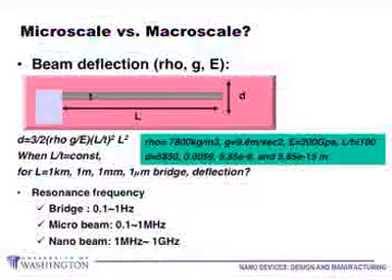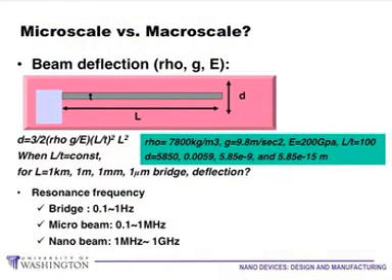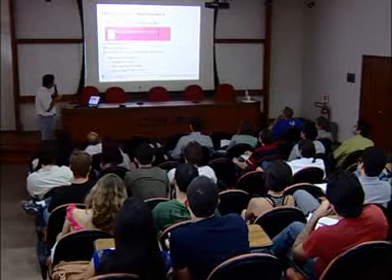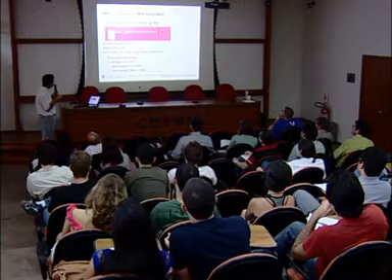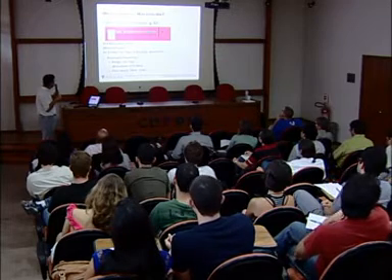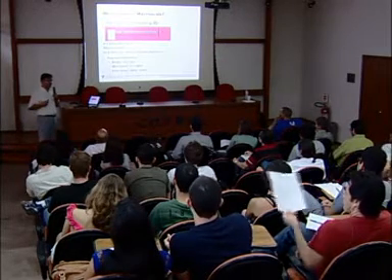Then let's see what the difference is at small scales. If you see this cantilever over there, okay, this cantilever has a thickness of T, and a length of L. Okay.